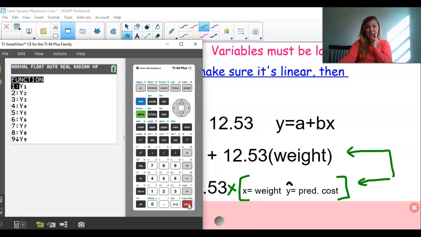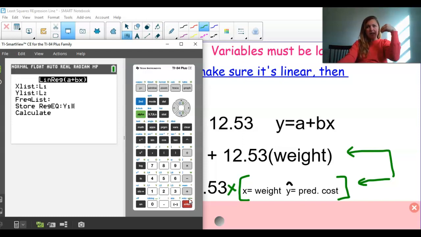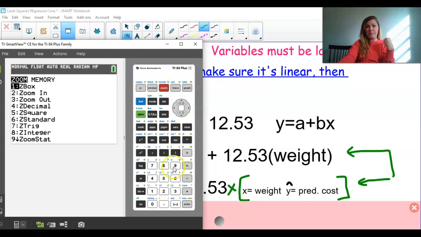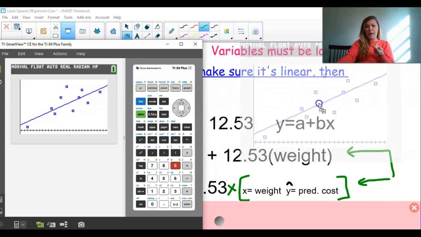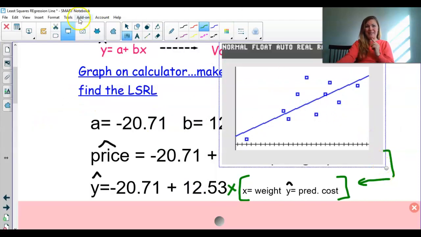I hit enter on function and I have y1. What that's going to do is take that regression equation and store it in y1 for us. Now if I go back and look at my graph, it plots that line of best fit for us. You can see we have about half the points above and about half the points below. I'm going to go ahead and use my fanciness and pull that over.